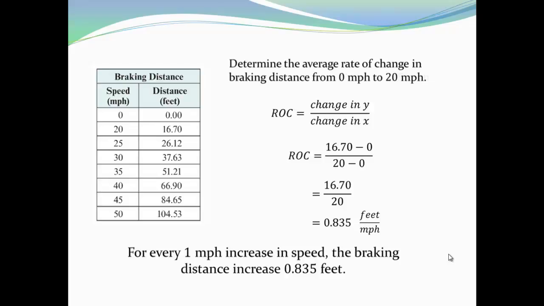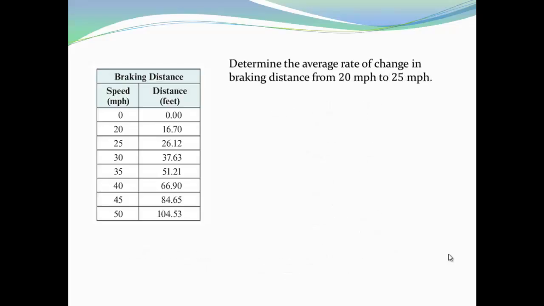Let's take another look at this same table and find the average rate of change in braking distance from 20 miles per hour to 25 miles per hour. So again, we're going to look at the change in Y, 16.7 to 26.12, with respect to the change in X, so 20 to 25.